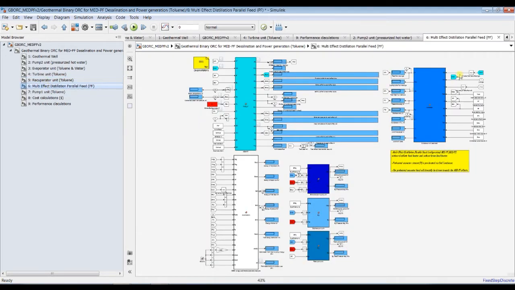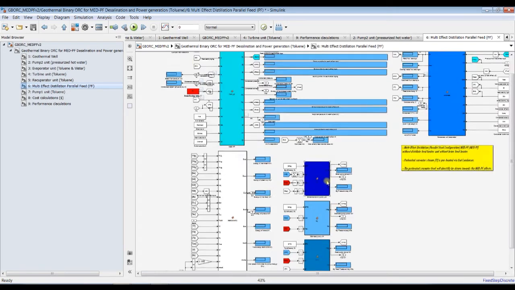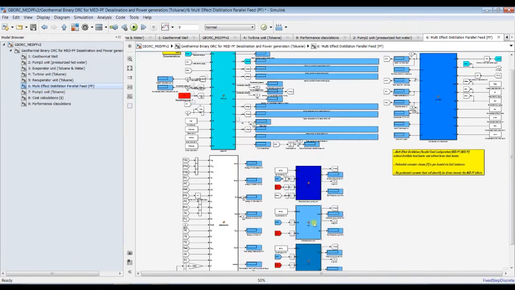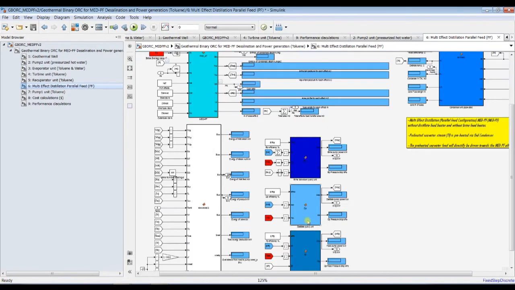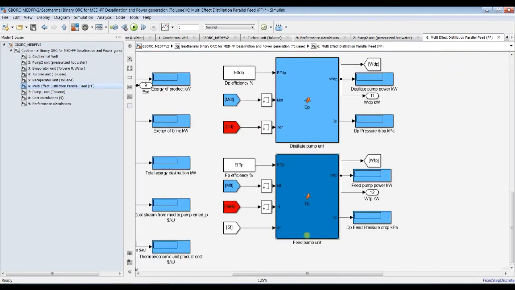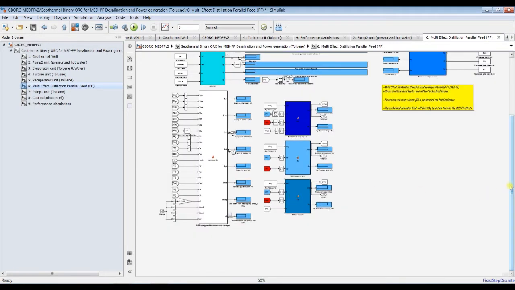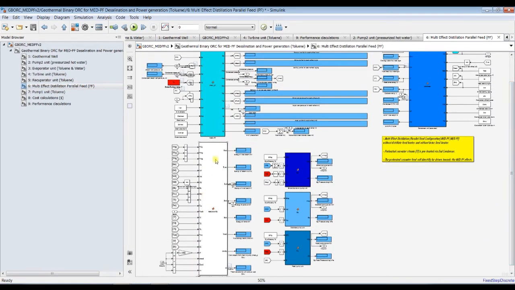An MED, as you can see here, with parallel feed configuration. This is the brine pump, the distillate pump, and this is a feed pump. And this is a thermoeconomic and exergoeconomic block.